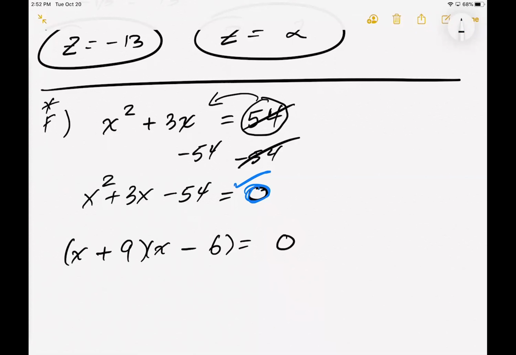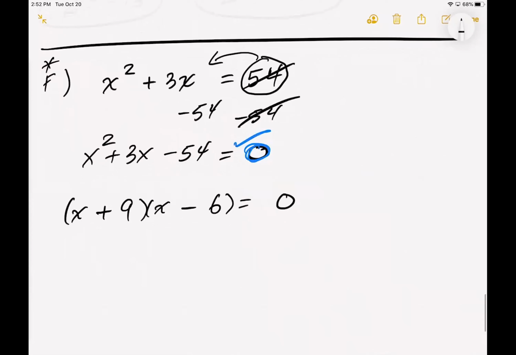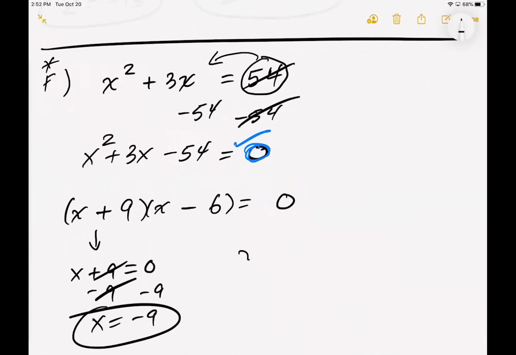We are not done, right? We just factor. Now to solve, we need to say x minus 9, right? We need to minus 9 to give me x equal to negative 9. And we need to take x minus 6 equal to 0, and again, plus 6 to the other side to give you x equal to 6.